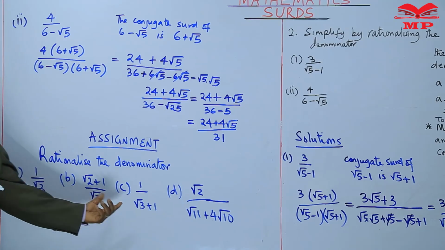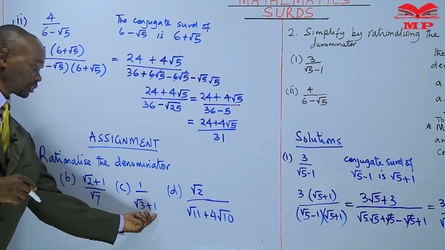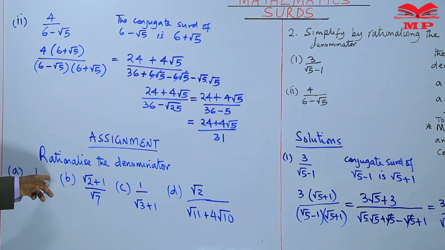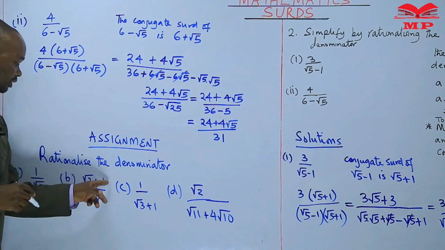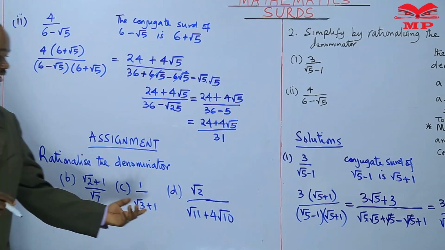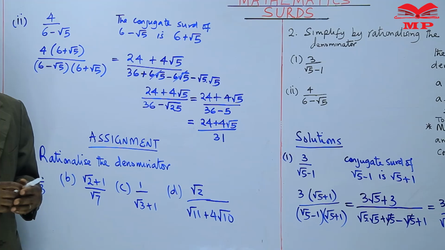So here you need a conjugate surd. In these two, you need a conjugate surd. These ones you just multiply this by square root of 3 over square root of 3. Multiply here by square root of 7 over square root of 7. But in these two, you need the conjugate surd.